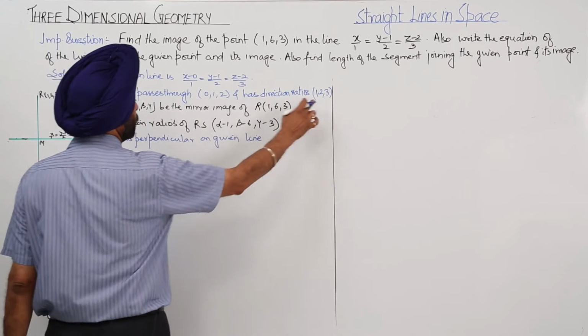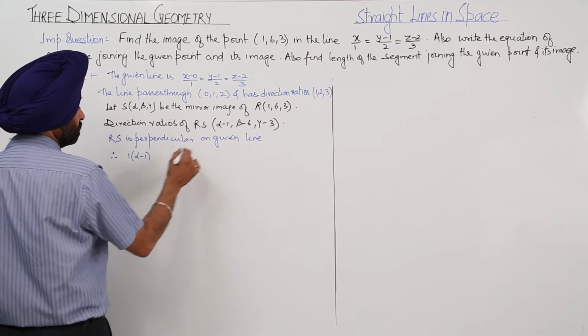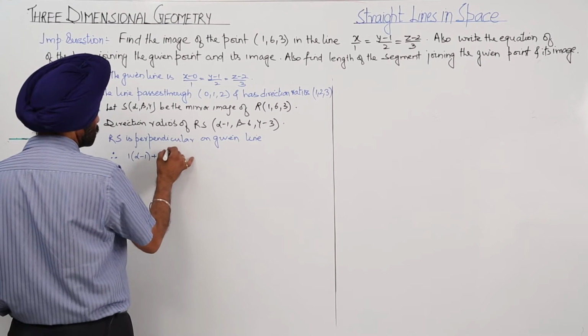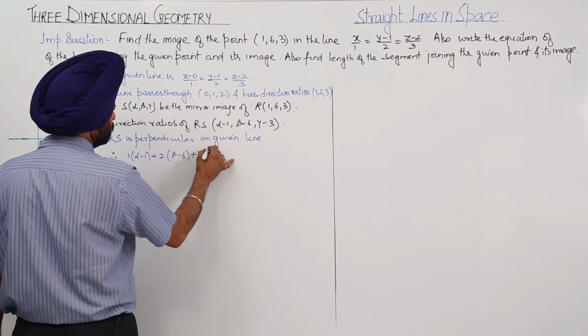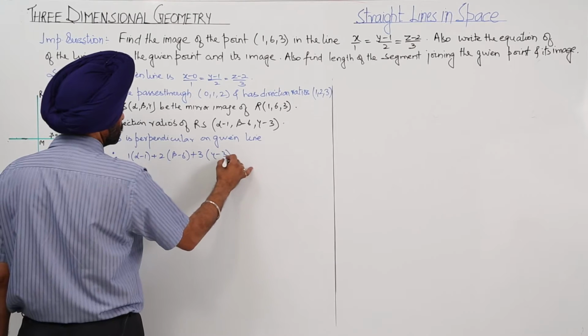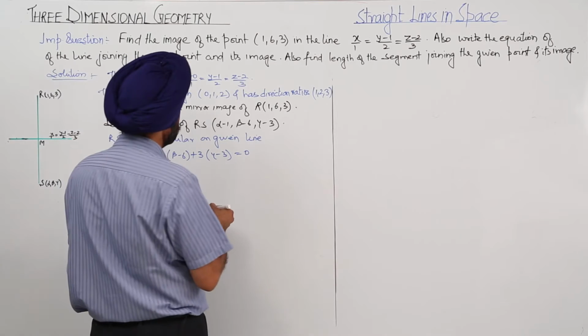The direction ratio of the line is 1, 2, 3. So 1 times alpha minus 1 plus 2 times beta minus 6 plus 3 times gamma minus 3 is equal to 0. Now what have we used?